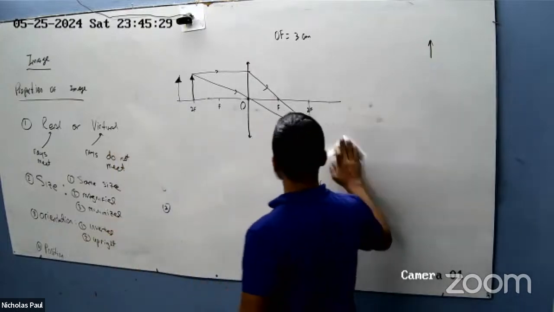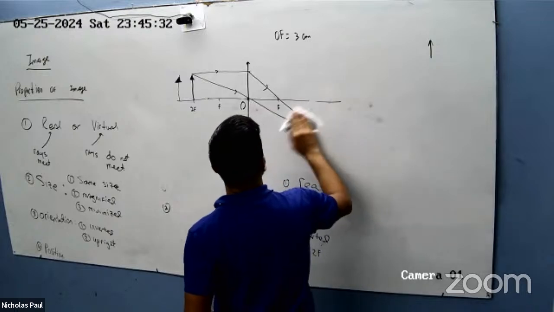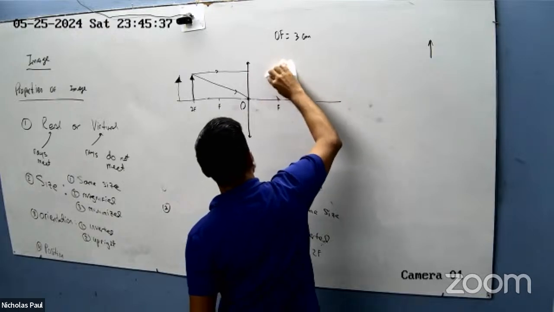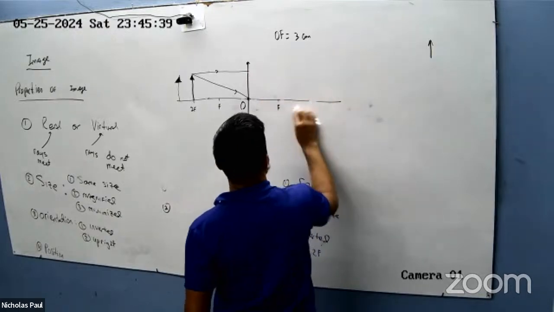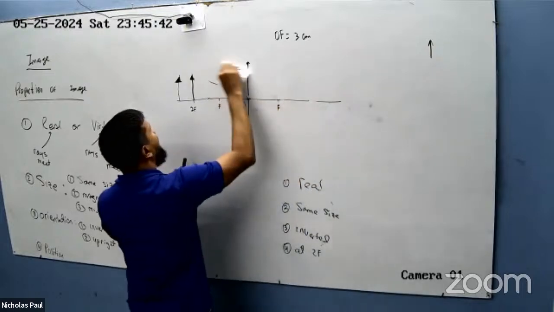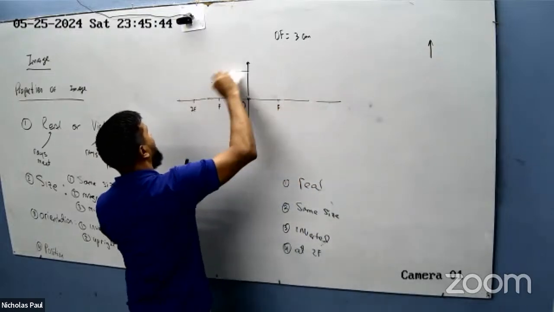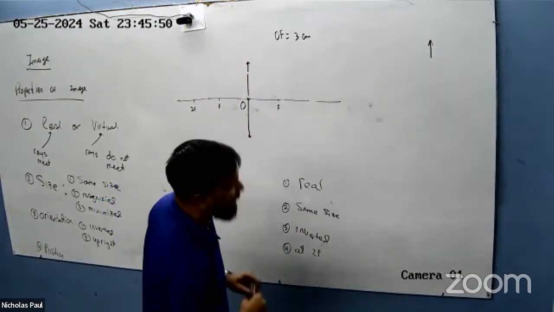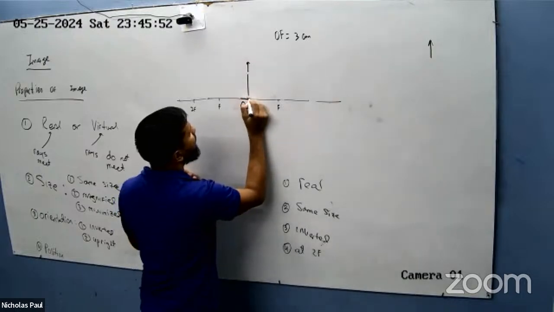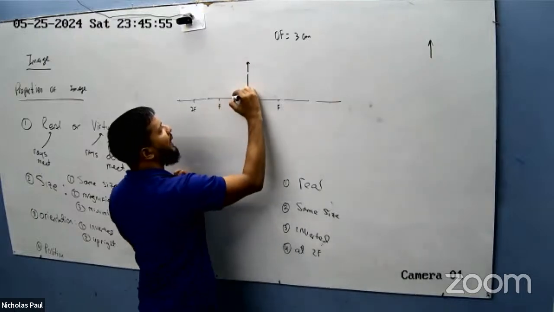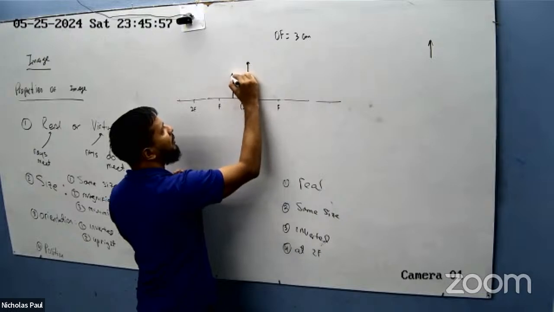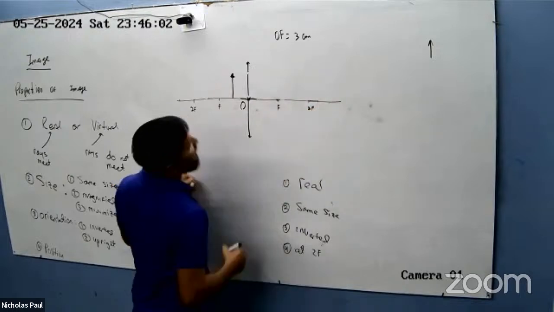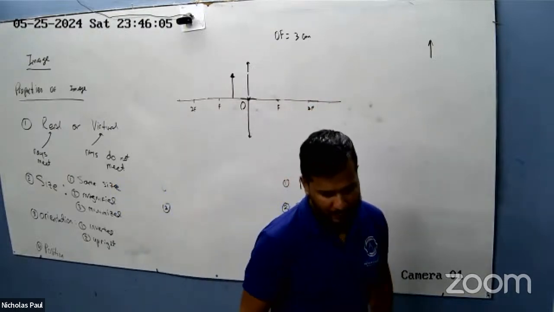Now for the hardest one. Draw it between O and F. And then you'll recognize there's a little problem happening, right?